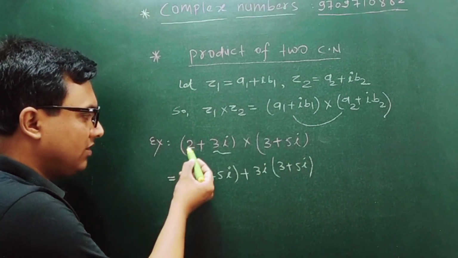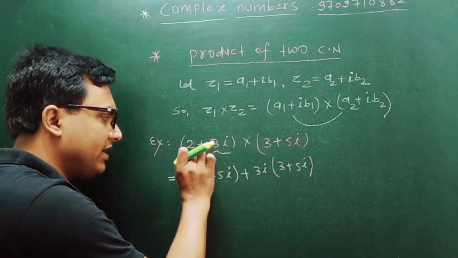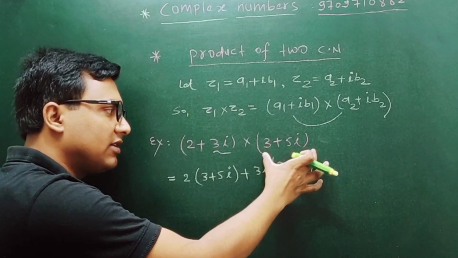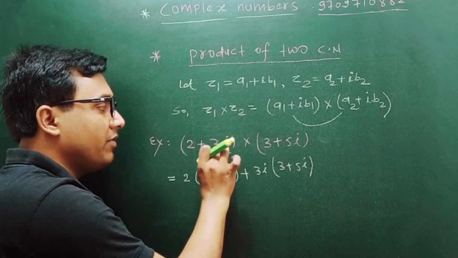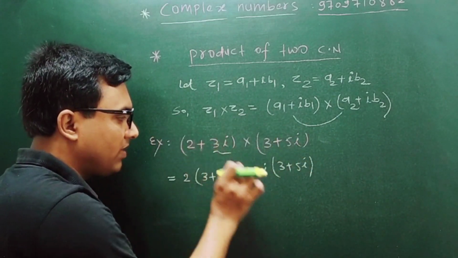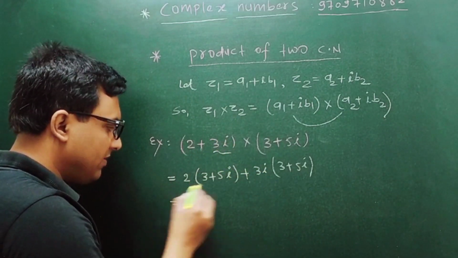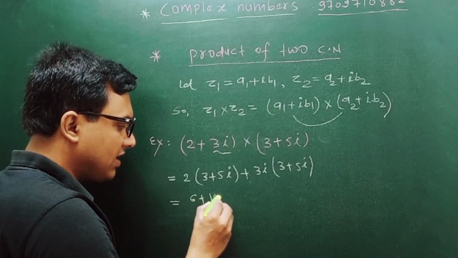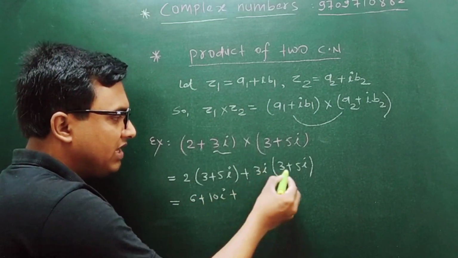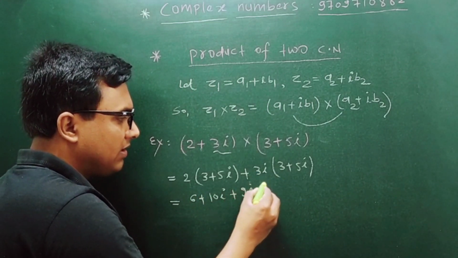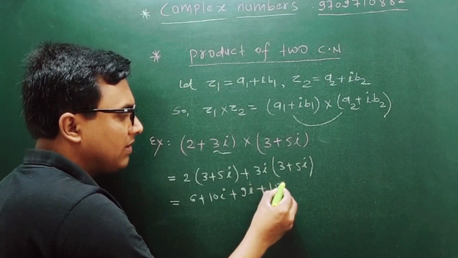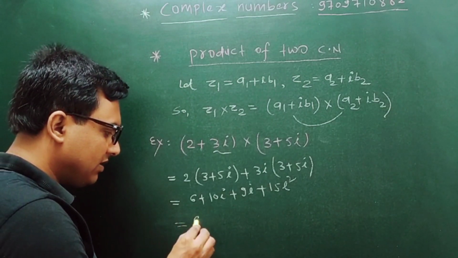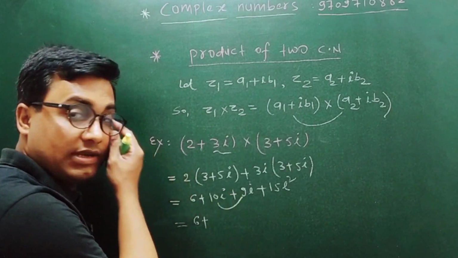We multiply the first term by 2, and then multiply again with 3 iota, with a plus sign. 2 into 3 is 6, 2 into 5 is 10 iota, plus 3 into 3 is 9 iota, 3 into 5 is 15 iota square.